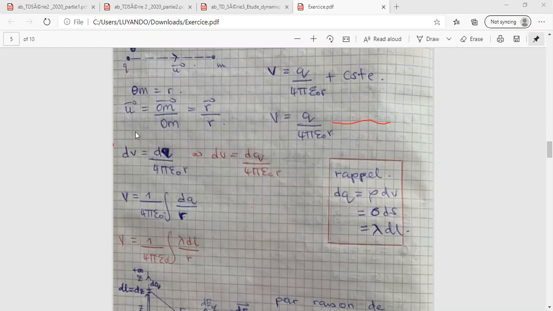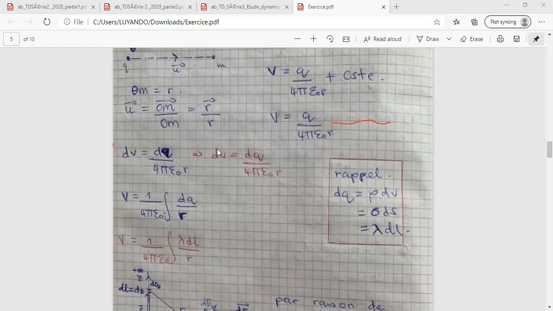We have our expressions for densité volumique, densité linéaire, and densité surfacique. When we change the subject of the formula, dq is equal to this, dq is also equal to this, and dq is also equal to this.